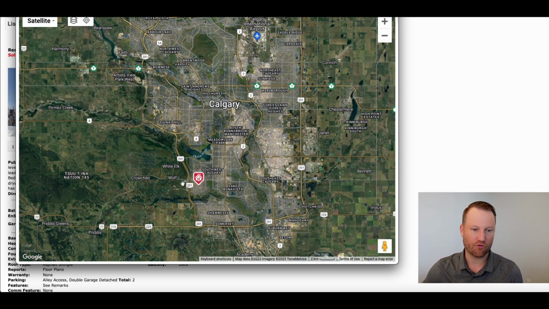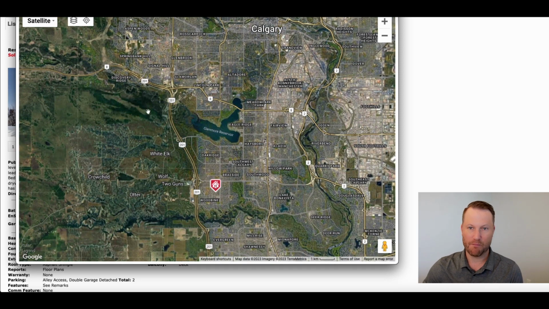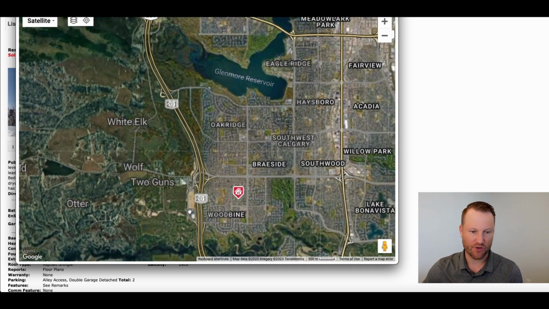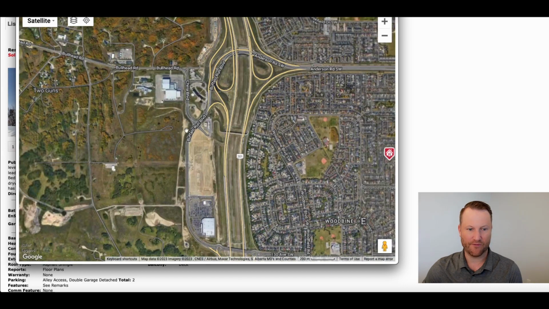And it's also right beside a major piece of infrastructure, this West Calgary ring road that's coming through here. And if you zoom in, there's a big development that's happening in here. We've got a Costco and just this enormous development being put forth by the Tsuut'ina First Nation.